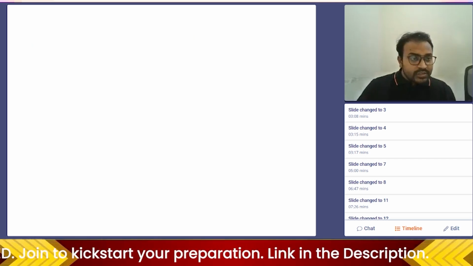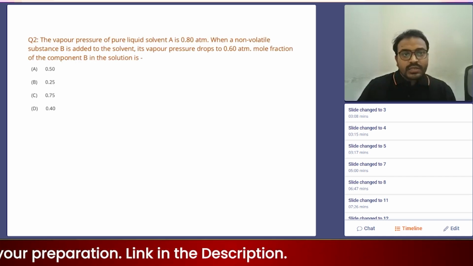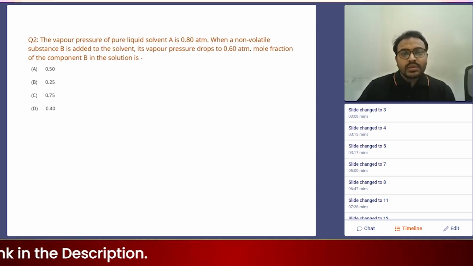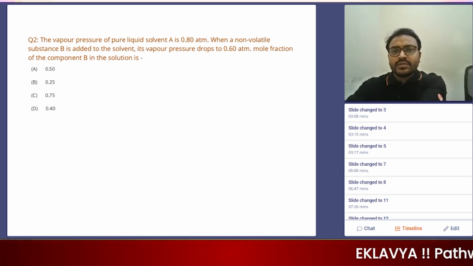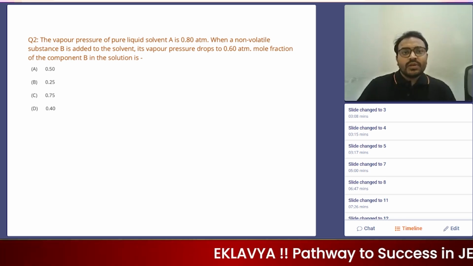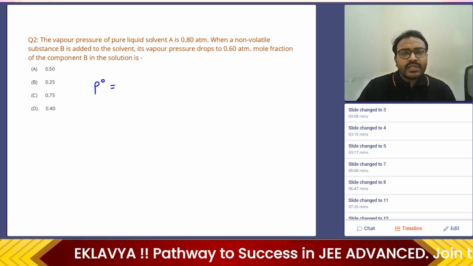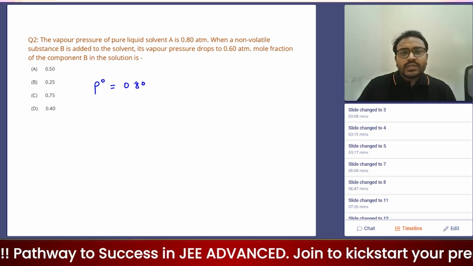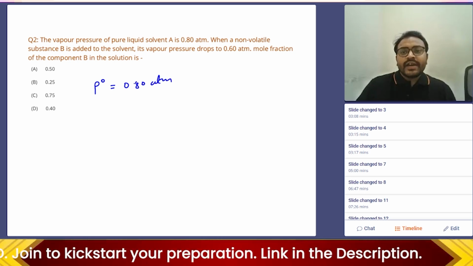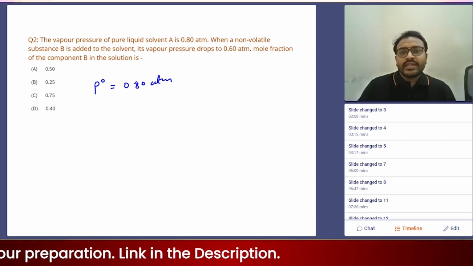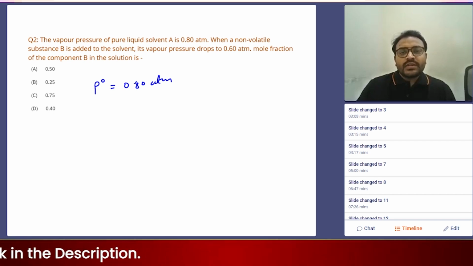Now the second question. The vapor pressure of pure liquid solvent A is given, that is P naught is 0.80 atm, and when a non-volatile substance is added to the solvent, its vapor pressure drops to 0.60.